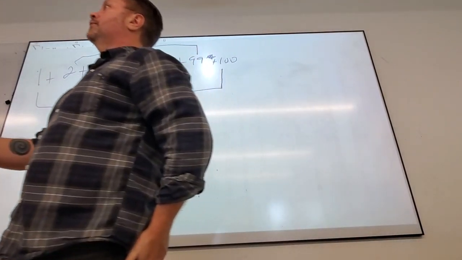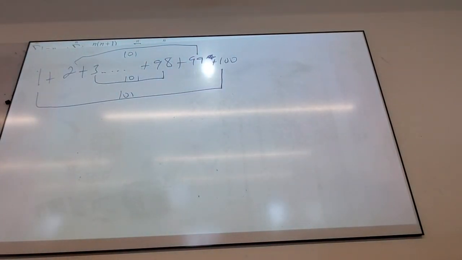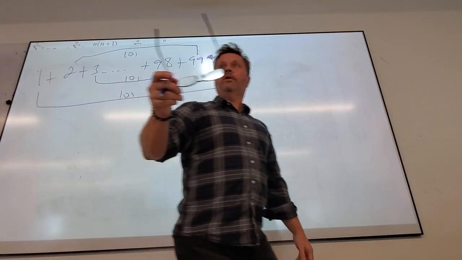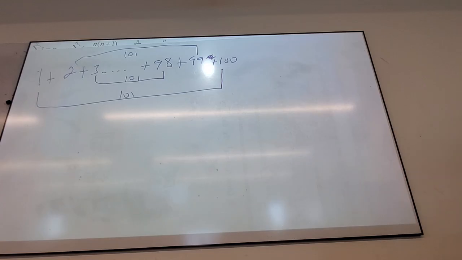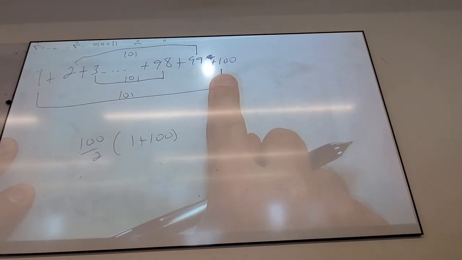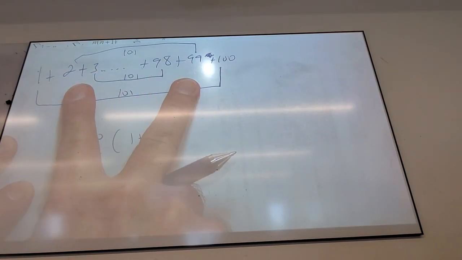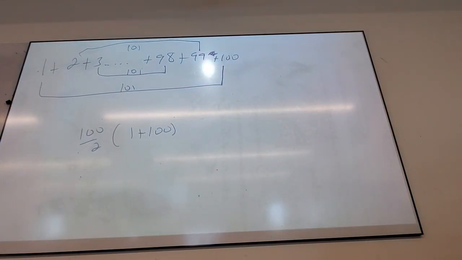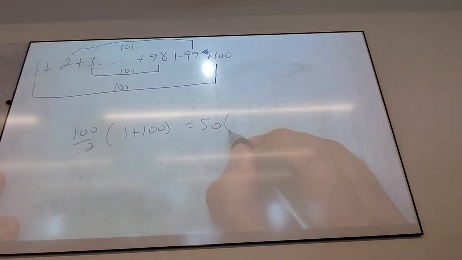How many pairs are going to make 101? 50. So we have 50 101s, correct? How'd you get 50? We took 100 divided by 2, and then 1 plus 100 is the repeated sum, yes? 1 plus 100, 2 plus 99, we just step in. What is 50 times 101?